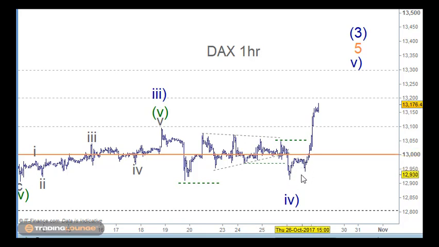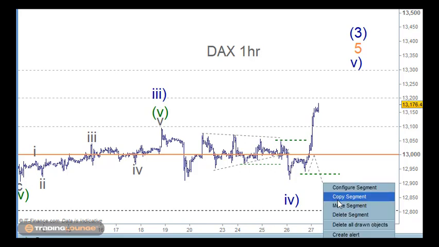We could have used this one here, and then also this one here, but still it never retested and failed to give us the actual entry point. It's not that this is perfect all the time, but it's a very simple, effective, and much safer way to enter into a market.